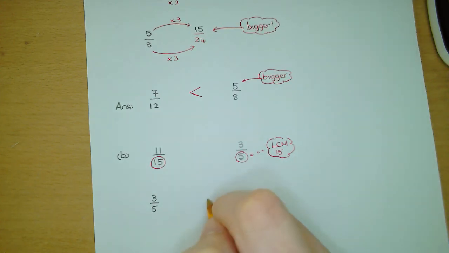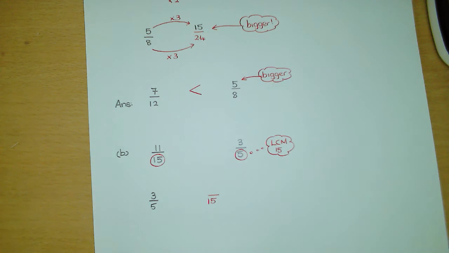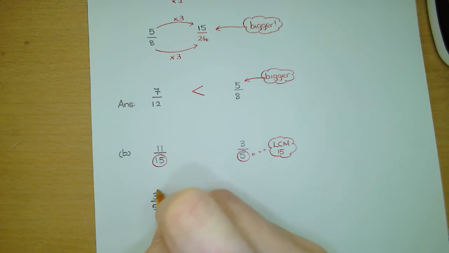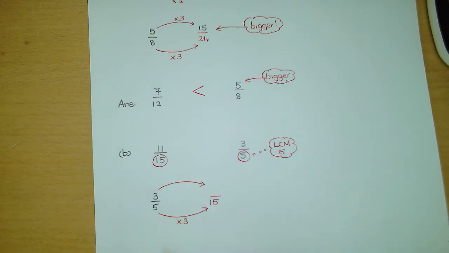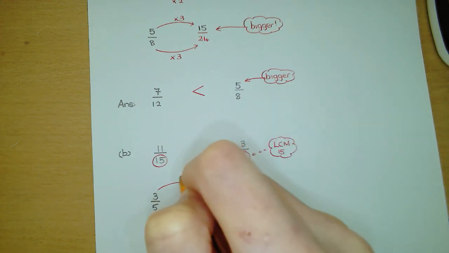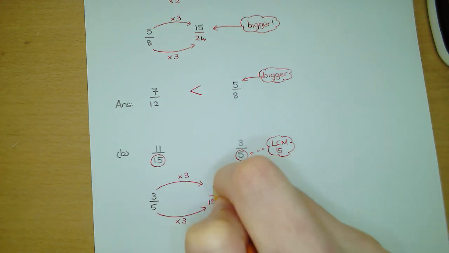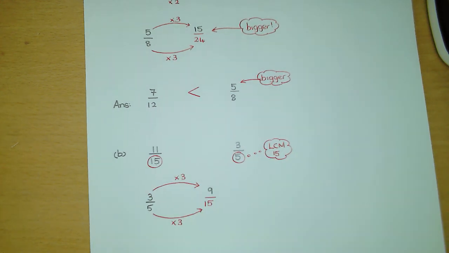We have to multiply the 5 by 3. And to be consistent, we have to multiply the top number, the numerator, by exactly the same number. So we've got to multiply it by 3. That's going to give us 3 3s are 9. So we're going to get 9 over 15.